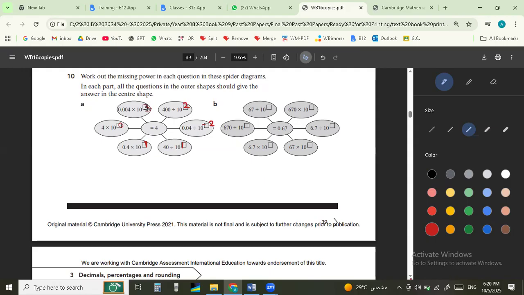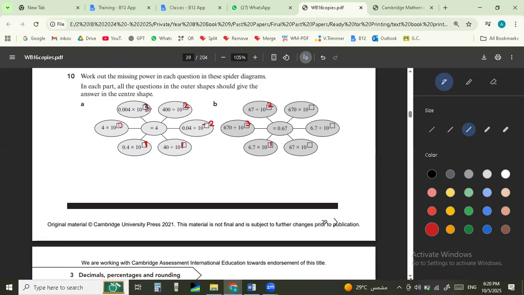Same technique exactly over here, but it's 0.67. So here I'm going to need to move it 2 digits to the left, 10 to the power of 2. Here I need to move it 3 digits to the left, so 10 to the power of 3. I need to move it 1 digit to the left, so it's 10 to the power of 1. Sorry, that's multiplication.